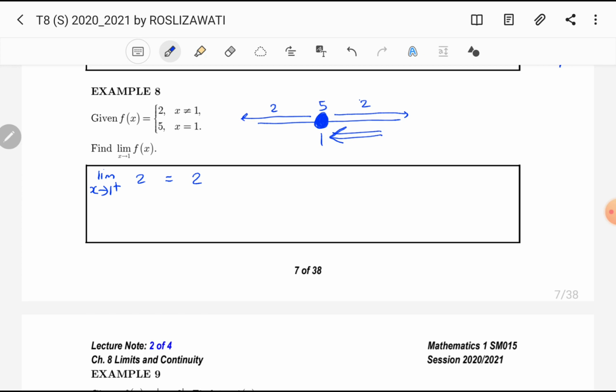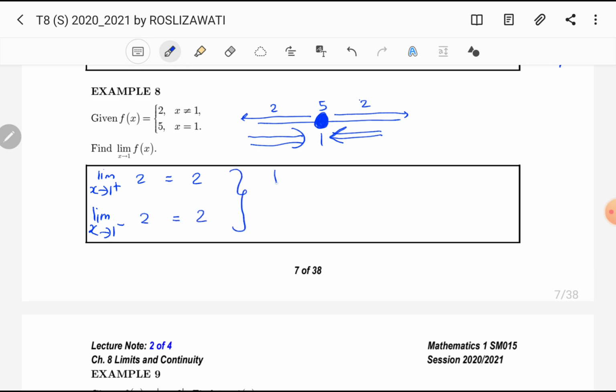Next, the other side. Limit as x approaches 1 negative. For 1 from negative, the function is also 2, so the answer is 2.